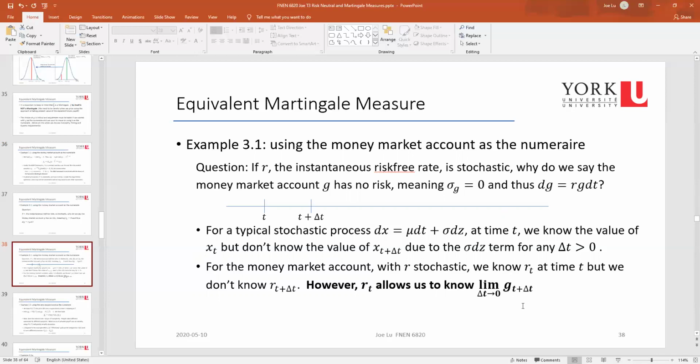What you don't know is the realized R in the next period. But once you know that, you will then know the value right after that. So the two concepts are not contradicting one another, because we're saying G is risk-free. We're not saying R does not have volatility. G instantaneously doesn't have a volatility.